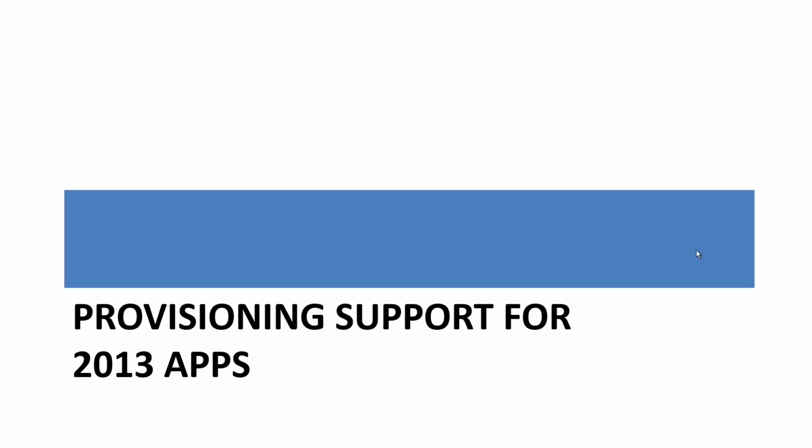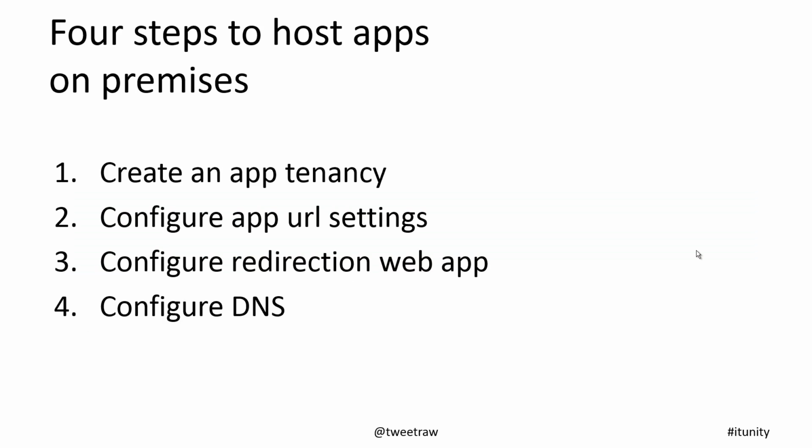section now. Let's talk a little bit about how we provision support for 2013 apps. So again, I'm making the assumption, friends, that we're talking about an on-premises environment. You don't have to go through any of this if you're in Office 365. Okay? All right, so if you want to host apps, these 2013 apps, in an on-premises world, or again, in an infrastructure as a service world like AWS or Azure, there are 4 things you have to do.